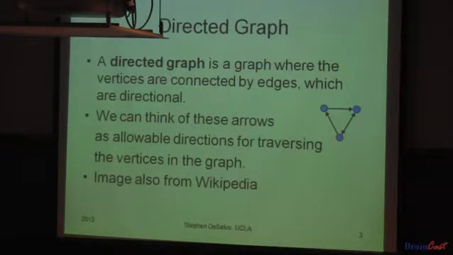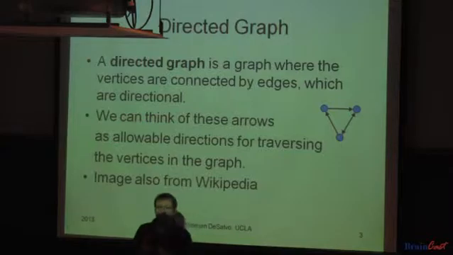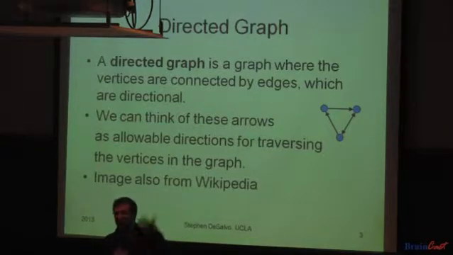Okay, so a directed graph is a graph where the vertices are connected by edges which are directional. So you could think of maybe like the flow of water. That's going to be one directional. But you could also think of it like relationships. Okay, you have a parent-child relationship that is directional. It is not reversible.